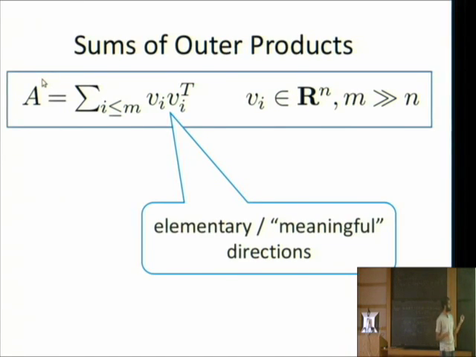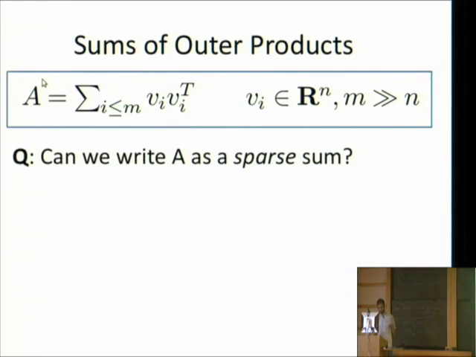We think of A as being a mixture of these rank 1 matrices which correspond to projections along certain directions. And the question I'm interested in is, can we write A as a short sum of these outer products? If I give you a sum of m outer products, can I equivalently write this using far fewer terms?